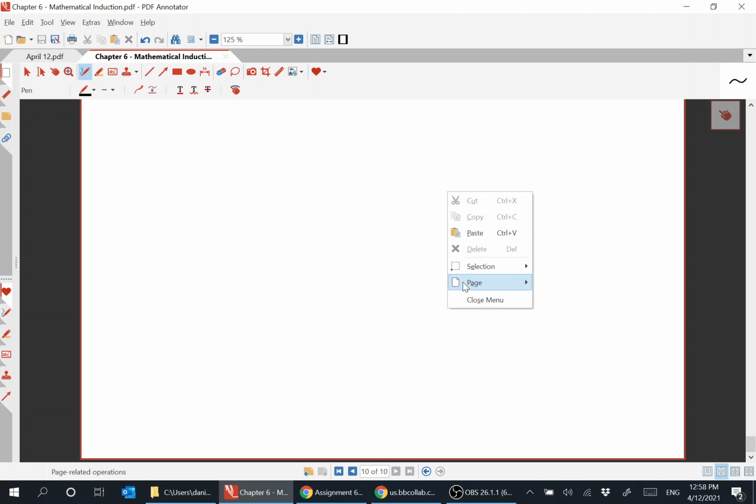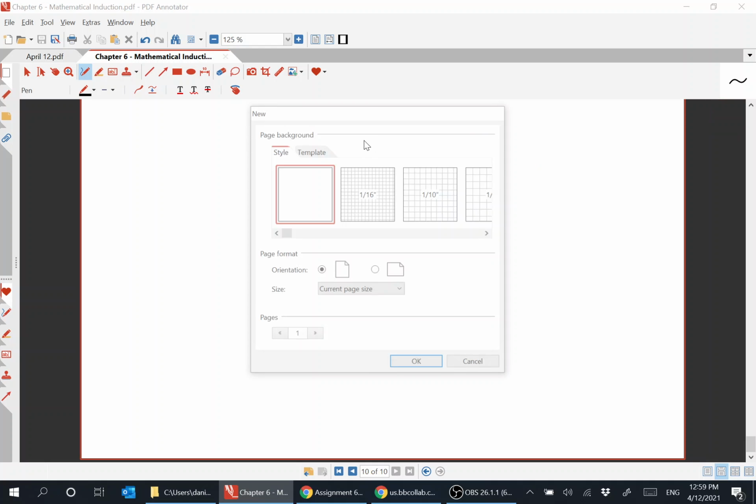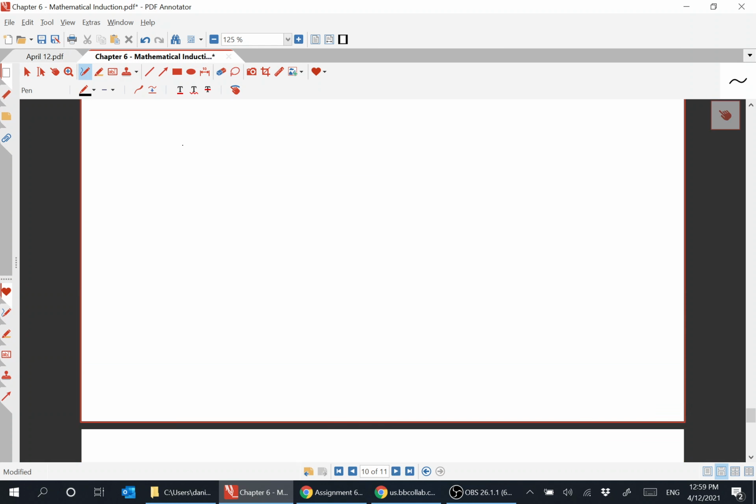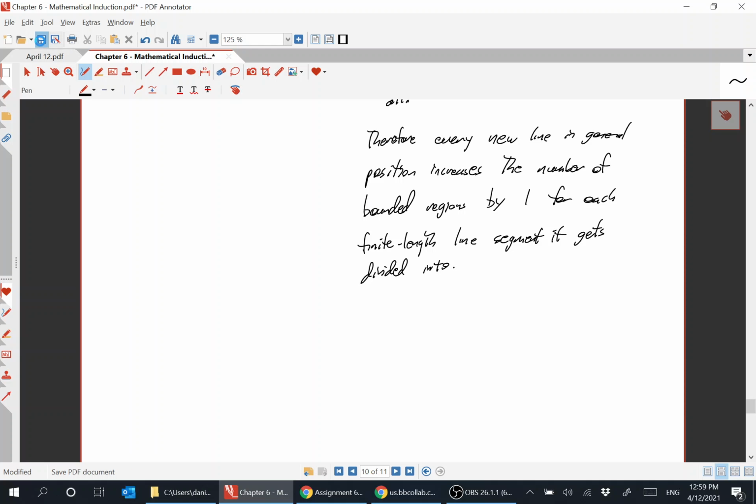And as far as arrangements of lines and arrangements of planes, a line in 2 dimensions cuts 2 dimensions into 2 regions. A plane in 3 dimensions cuts 3-dimensional space into 2 regions.